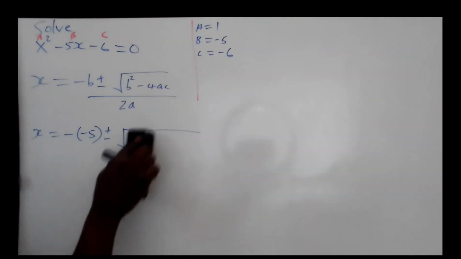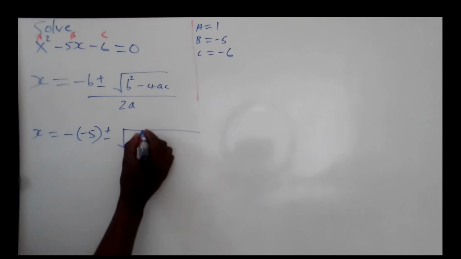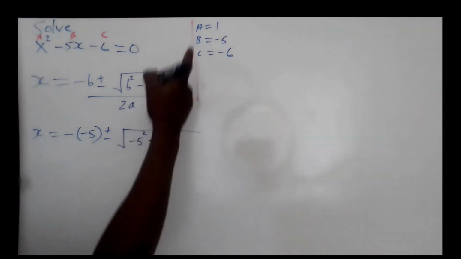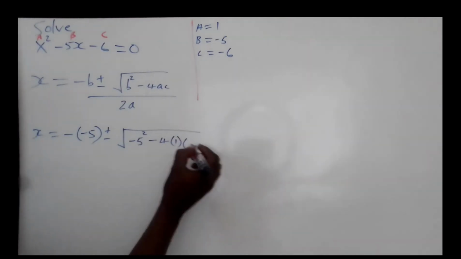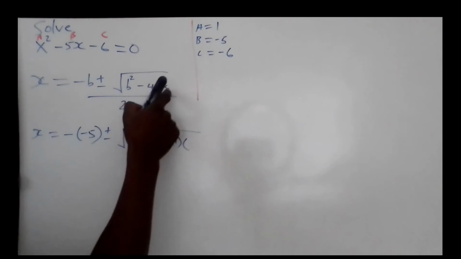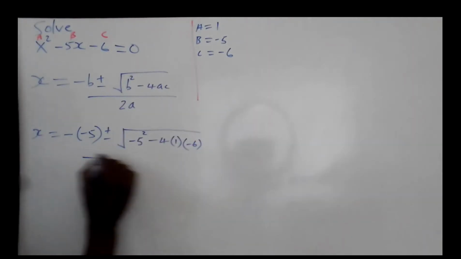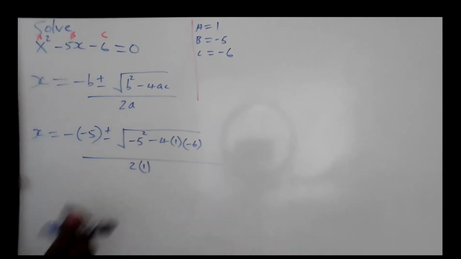The value for b is negative 5 squared minus 4. The value for a is 1, so we have 1 into a bracket, and the value for c is negative 6 all over 2, and the value for a is 1. You see that? So now we're going to simplify.